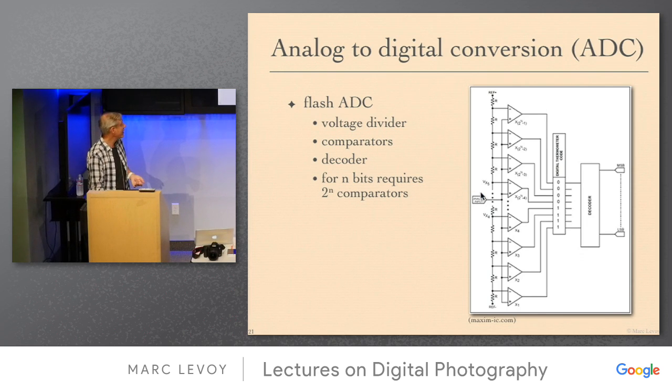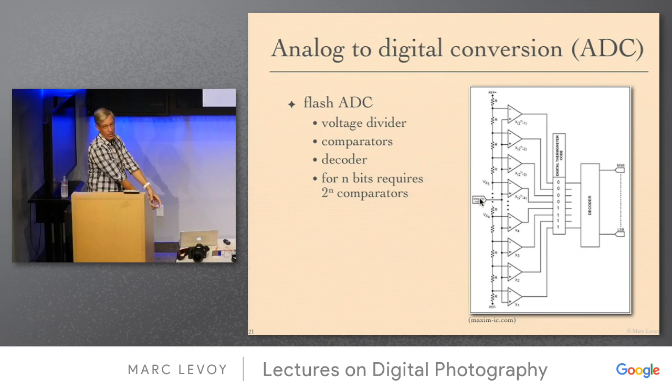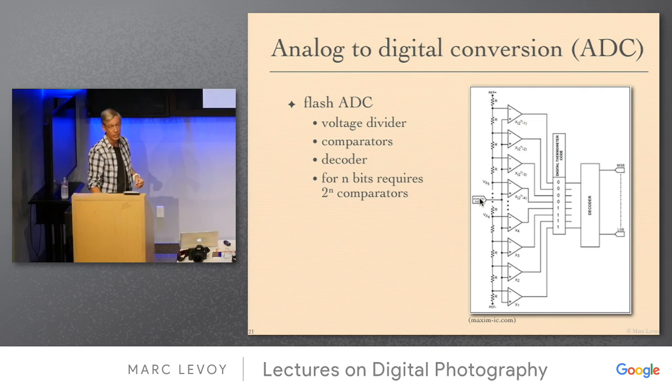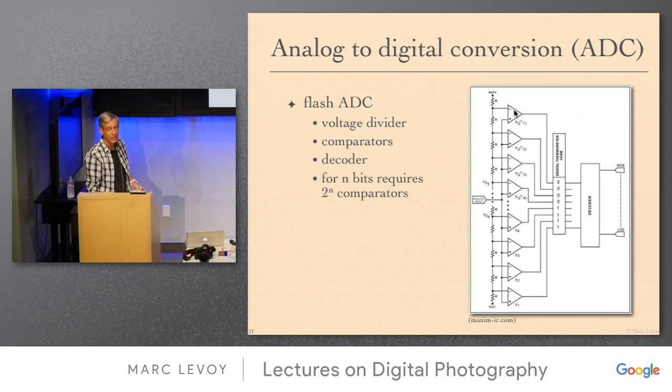Then you take the signal from one of your pixels. Let's say we're doing a CMOS. We've read it out down the line, and those electrons go into this circuitry at the bottom of the column. There might be one of these for each column if you want to do this fast. Then it gets compared with the voltage at each step in this ladder.